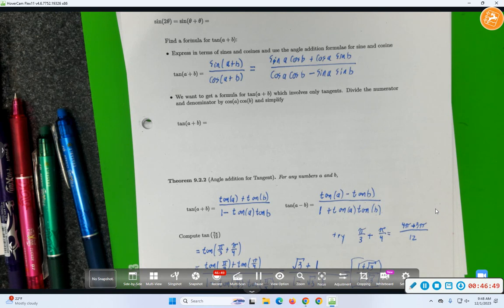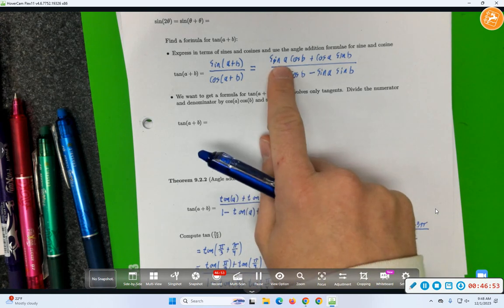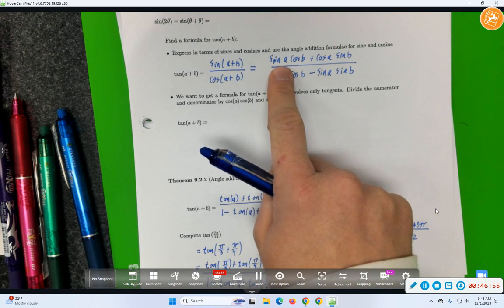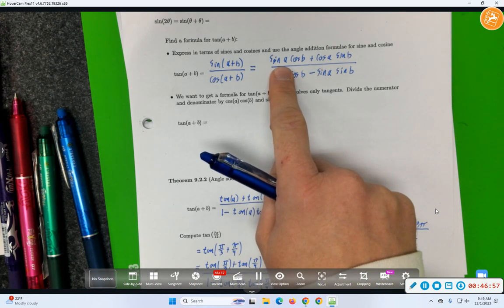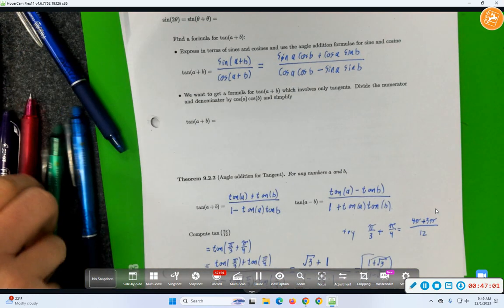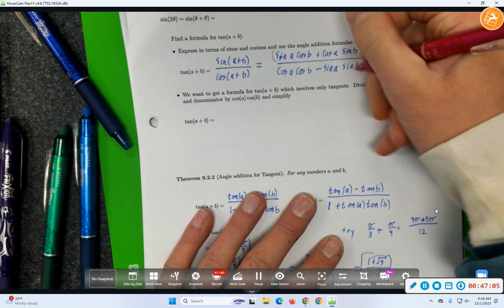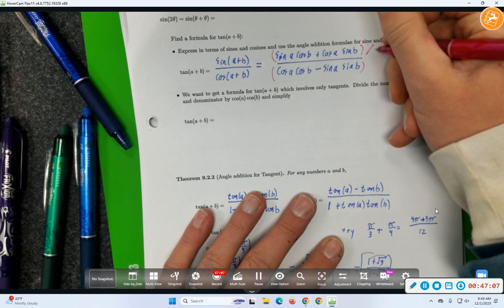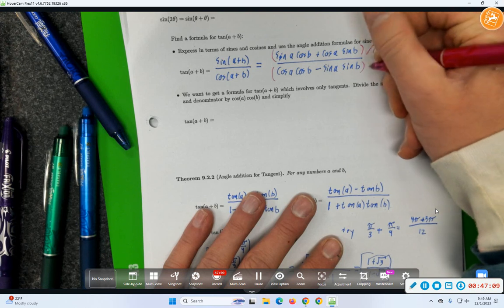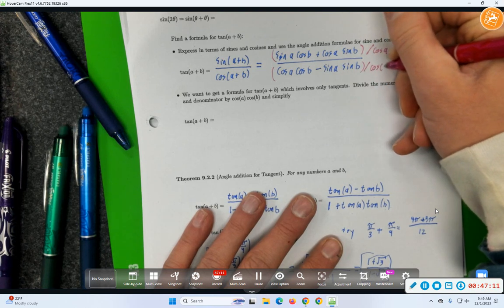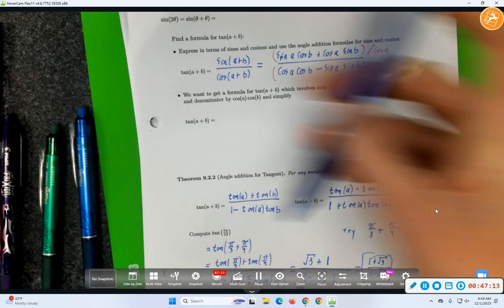So if I want to get tangents to show up, let's see, I see a sine of a. If that sine of a were divided by cosine of a, that would make me happy. But I can't just divide one thing by cosine of a. I have to divide the numerator and denominator by cosine of a.